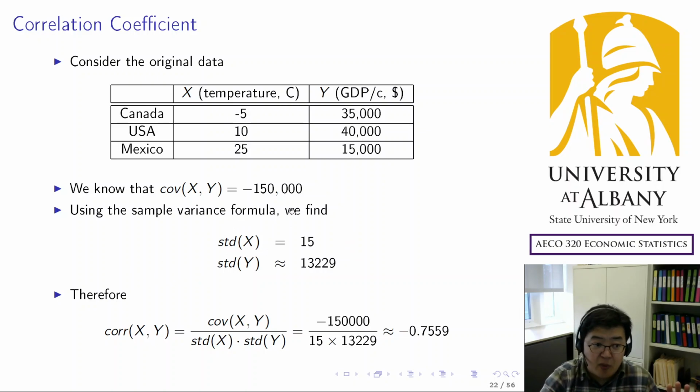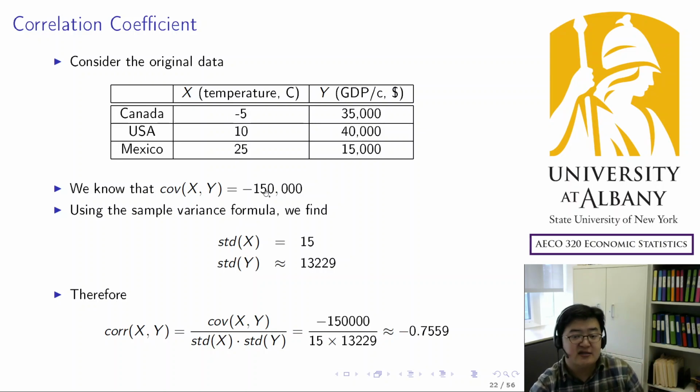And remember, because we used the sample covariance formula, you have to match the formula for the standard deviation. So here, we calculate the standard deviation using the sample formula, denominator n-1, because the covariance was calculated with denominator n-1, right?